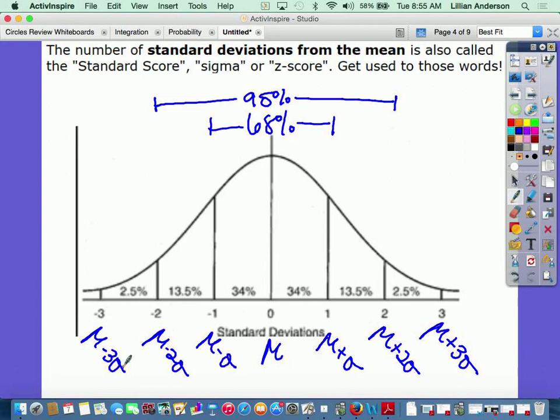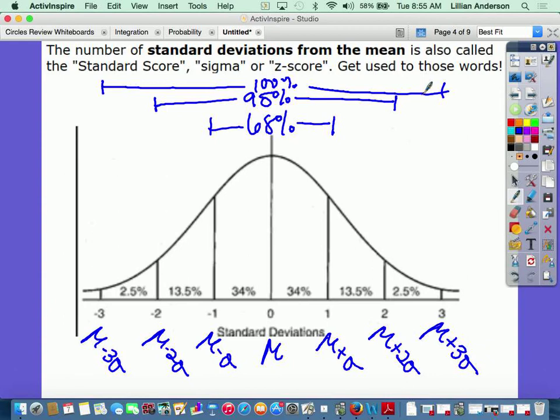Are you sure? Okay. All right, so 100% of your data is going to lie within 3 standard deviations of the mean.